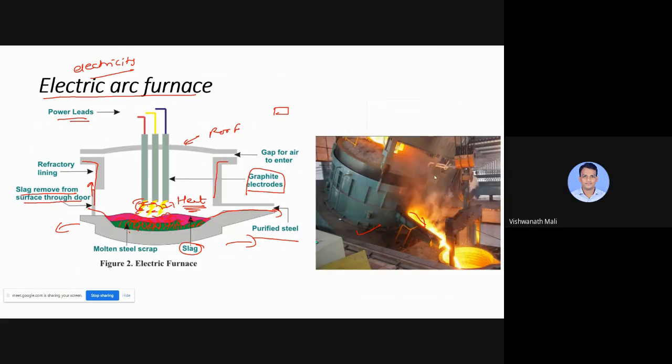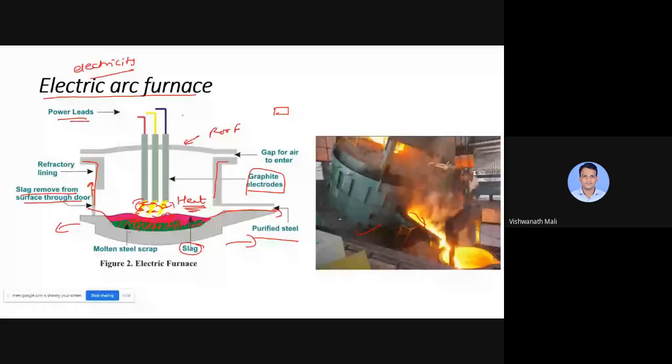Sir, how do we maintain the temperature of the electric arc furnace? Yes, by maintaining the electric supply. So this is the main advantage of this compared to the cupola furnace, that with the help of electric supply, we can control the temperature.